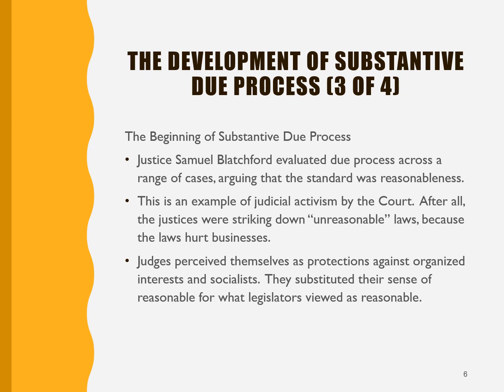Justices perceived themselves as protectors against organized interests, or we might say interest groups, and other bad actors, such as socialists. They substituted their sense of reasonableness at the expense of the reasonableness of state legislatures.